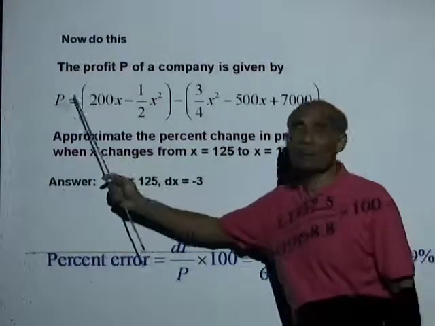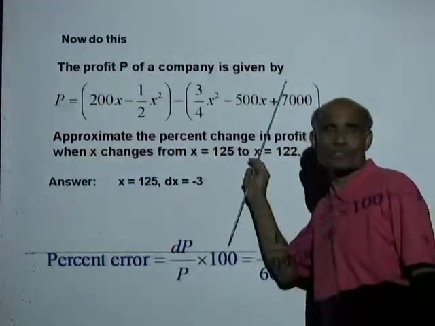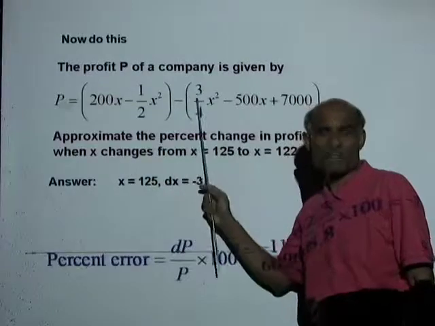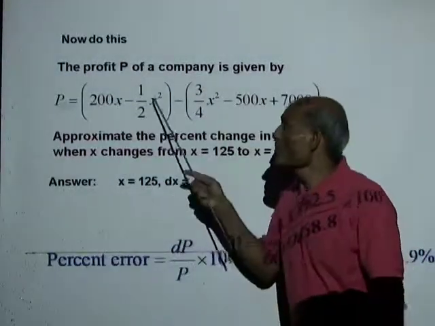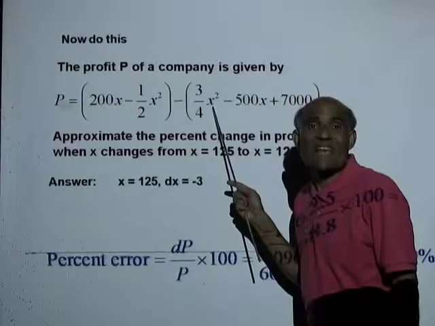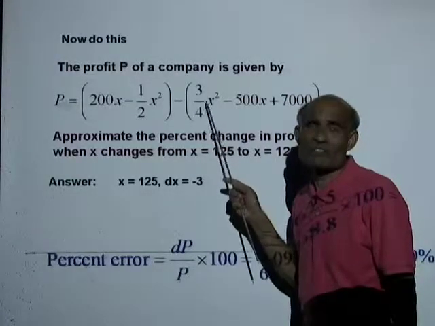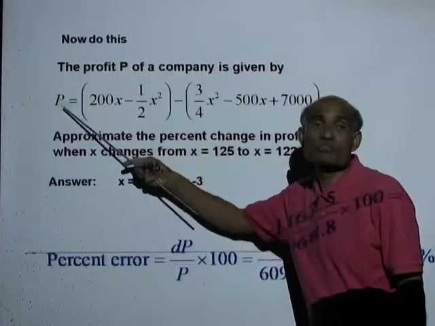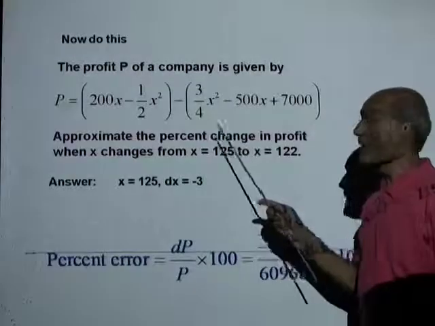If you notice, profit is revenue minus cost. This is the revenue function, that is the cost function. Well, that's not important for us. You produce and sell x number of things, is that right? And the profit produced in selling x number of things is this.